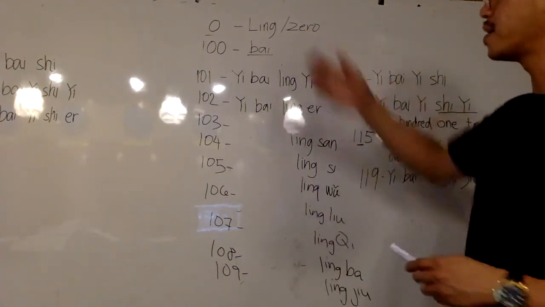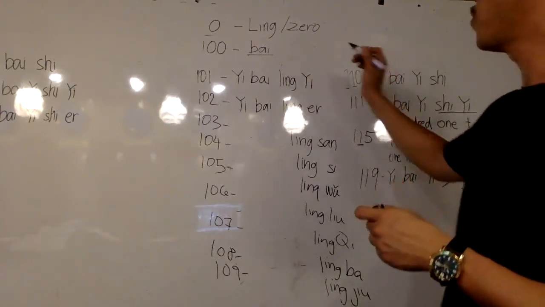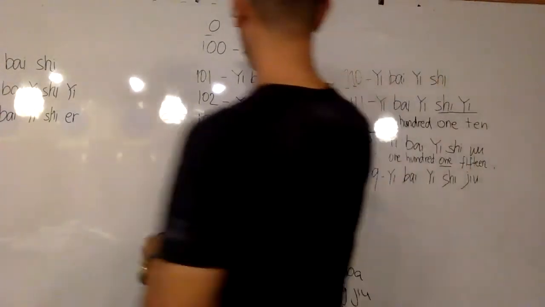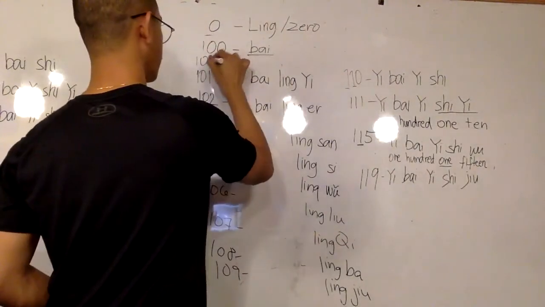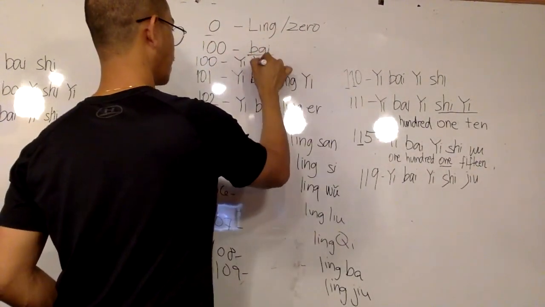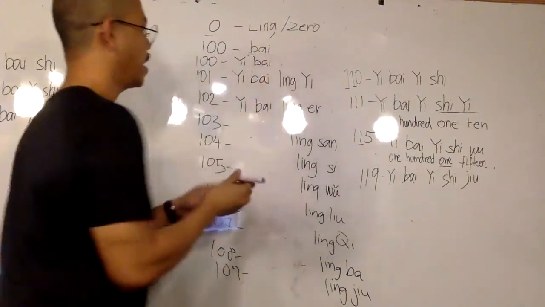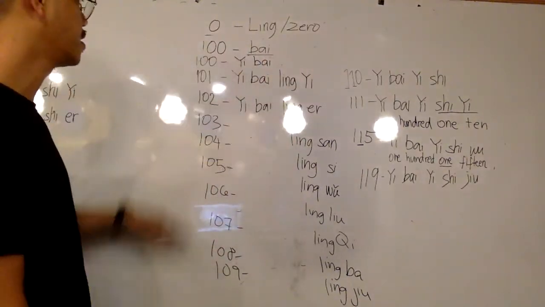100 is bai. So 100 should be yi bai. Okay.